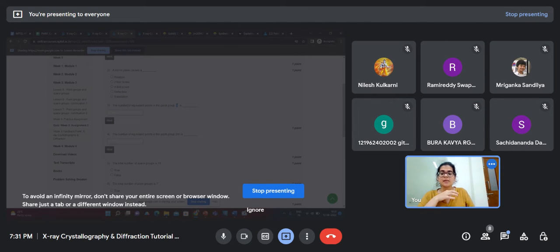Here they are asking about the number of equivalent points present in the point group 1 bar. How many equivalent points are present in 1 bar point group?